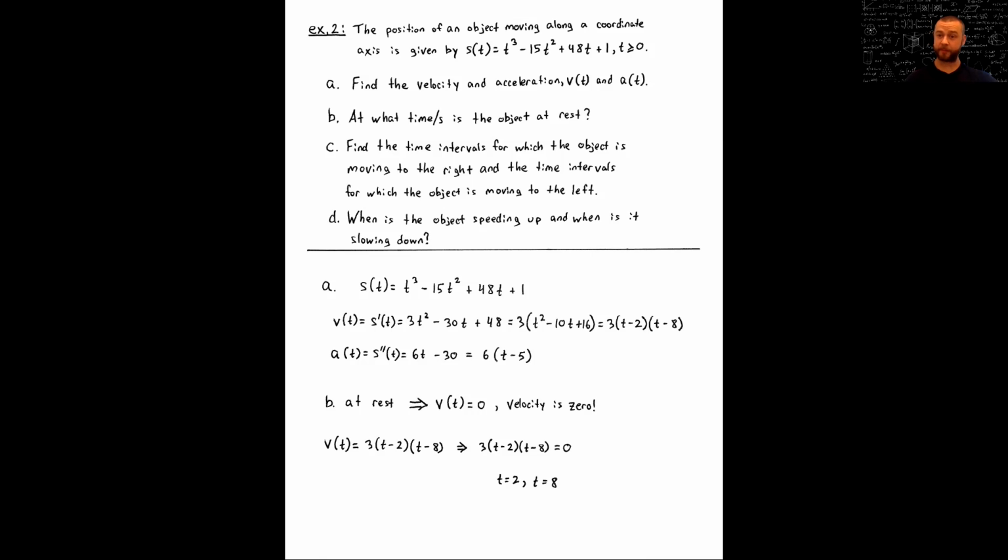Now, just so you see it before we move on, notice what we know from part B. We know at t equals 2 and t equals 8, the velocity equals 0. Now, what would it mean then for all other times? Those are the only two times for which the velocity equals 0. At all other times, the velocity should be either positive or negative.